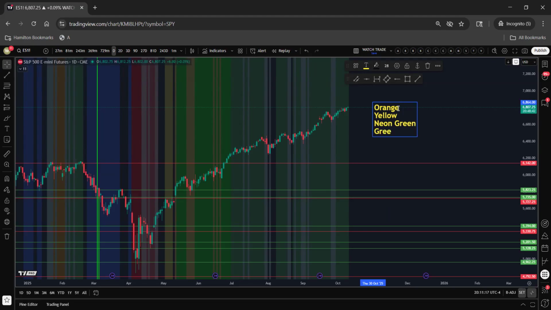The next color is green. So this is the fourth confirmation, or let's say the third true confirmation for bullishness. This is also associated with the bull emoji in the scanner, if you're familiar with the scanner that I play live in the Discord.